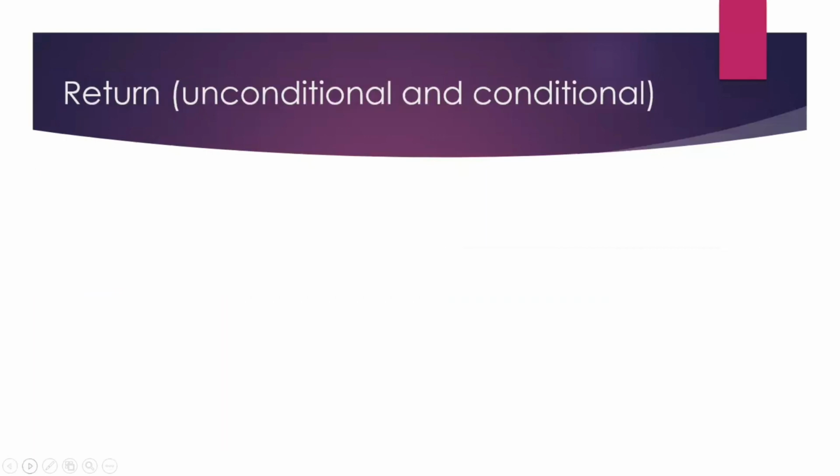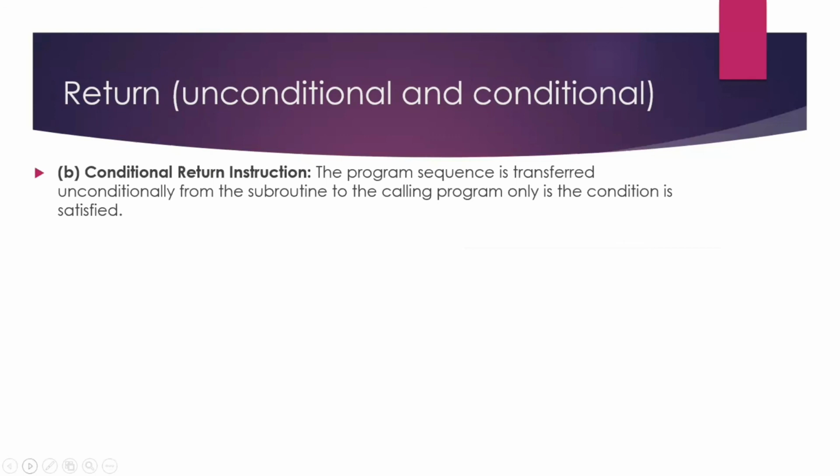Now we are going to briefly study the conditional return instruction. In the conditional return instruction, the program sequence is transferred from the subroutine to the calling program only if the condition is satisfied.